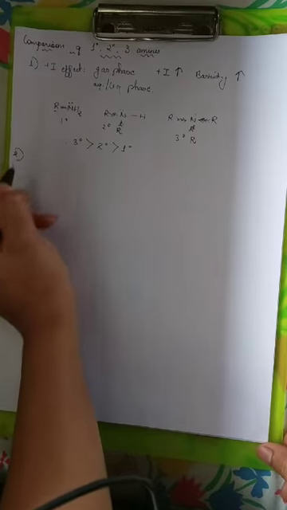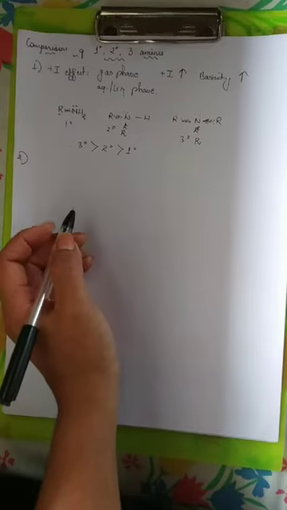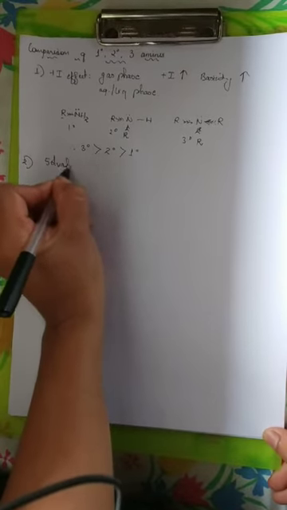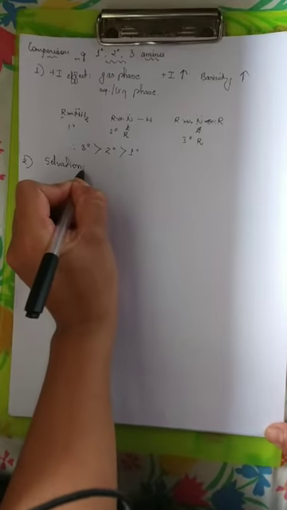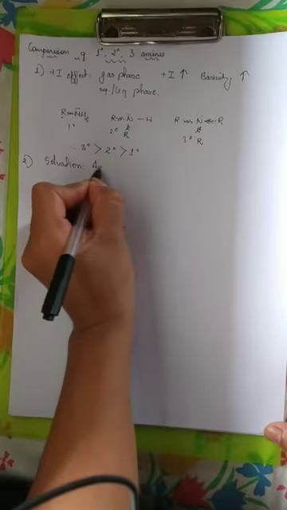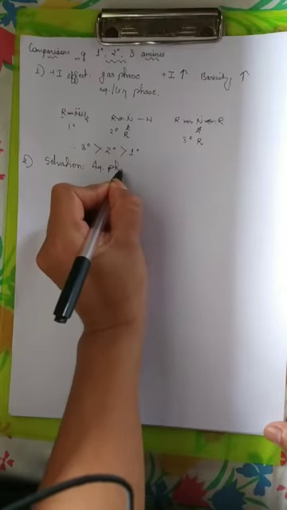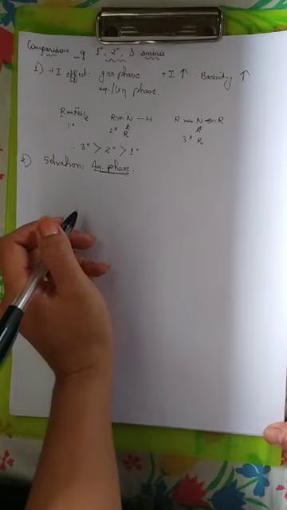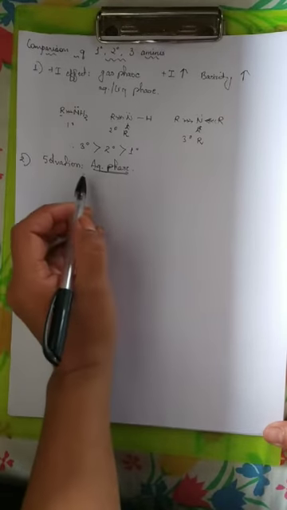Now the second method is known as solvation. The theory of solvation is applicable only in the aqueous or liquid phase. Solvation means solubility.